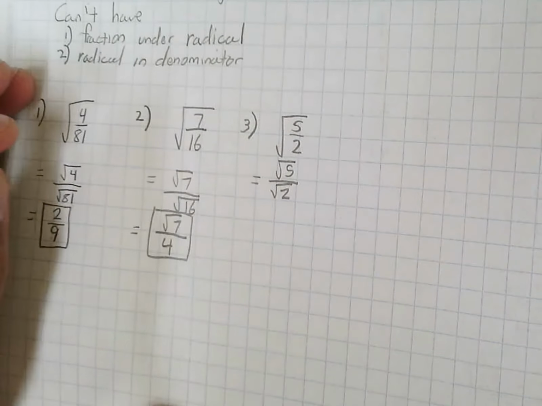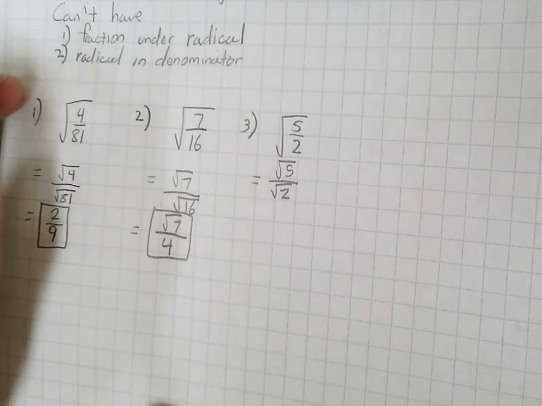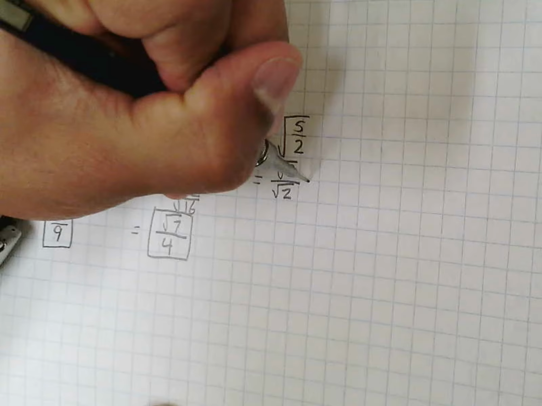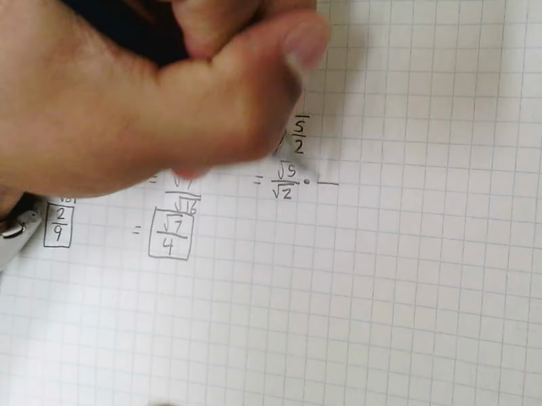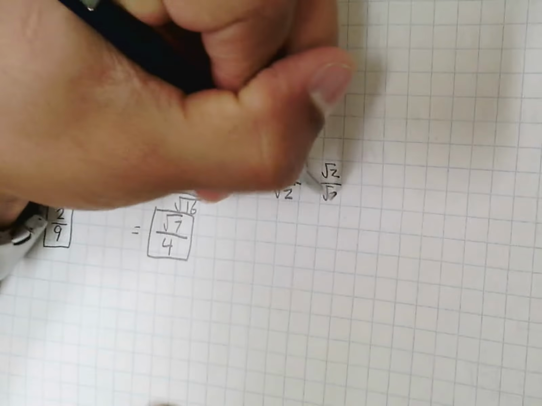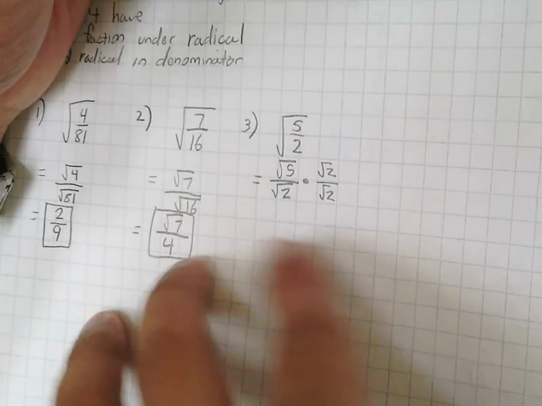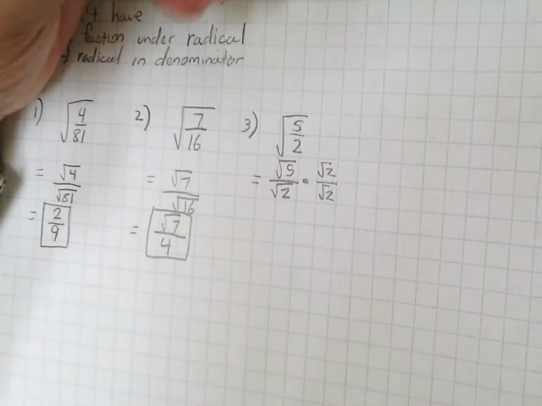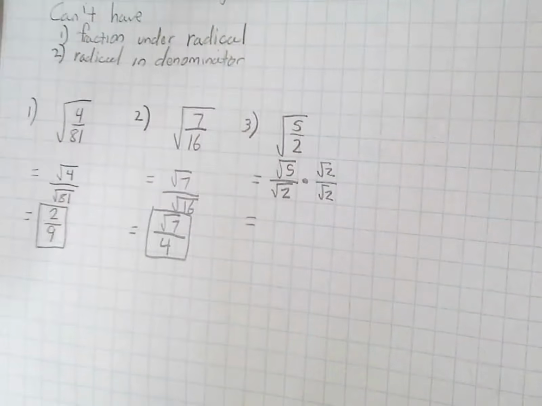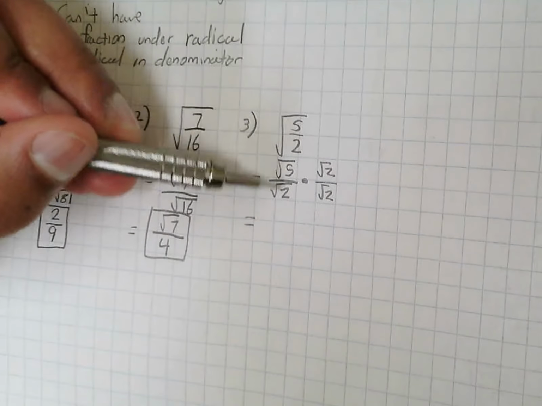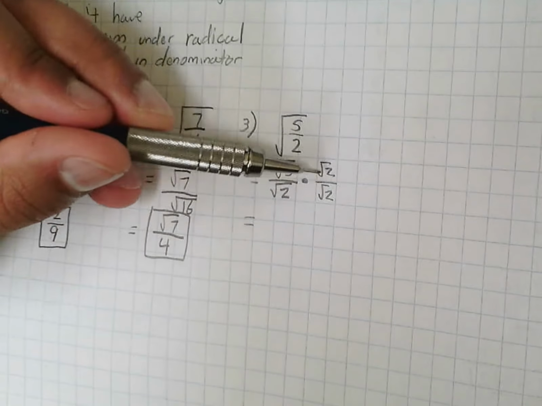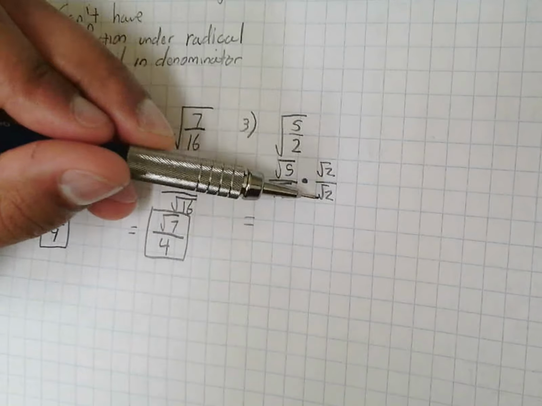That's not okay. So in order to rationalize this denominator, what I'm going to do is multiply by the square root of 2 over the square root of 2. We multiply both the numerator and the denominator by the denominator over the denominator.